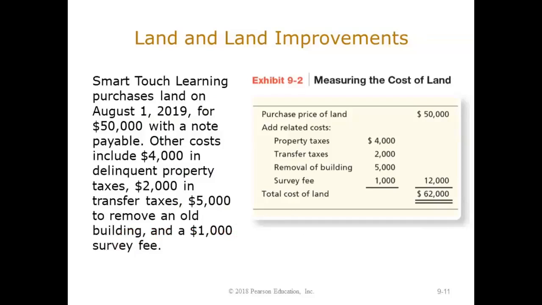So really we've got some additional costs to acquire the land: property taxes, transfer taxes, removal of the building, and a survey fee. That totals $12,000 altogether. So we want to add those costs to the purchase price of the land of $50,000, and my total cost of the land on my books is $62,000.